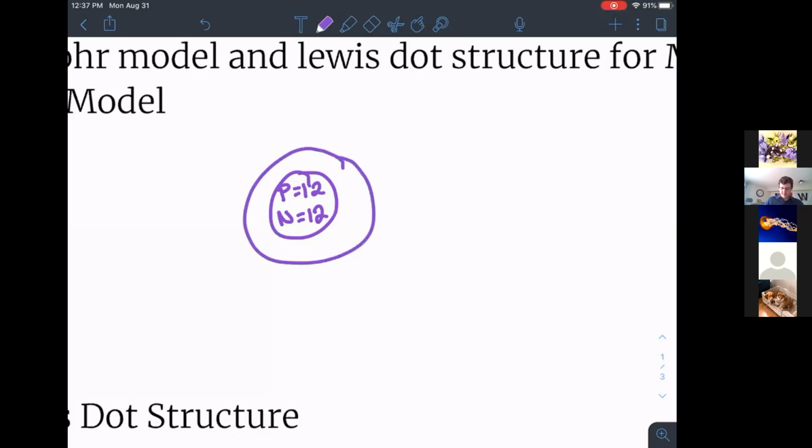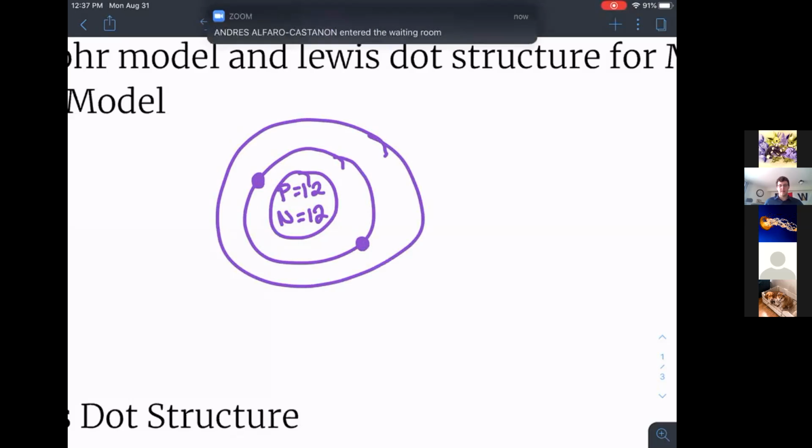I draw my first orbital, and how many electrons can go there? 2 electrons. So I put my 2 electrons, then I can draw my second orbital. How many can go there? How many electrons do I put in my second orbital? 8.